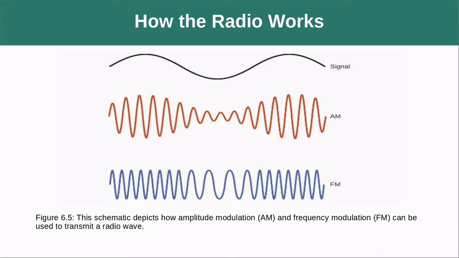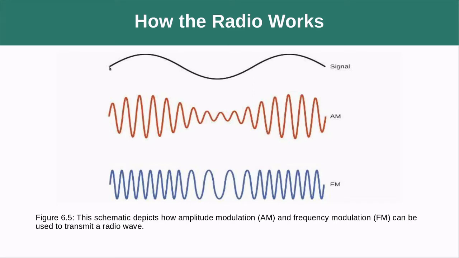How does it work? So, if this was the signal that I was trying to send, just this sine wave, I have two kinds of modulation that are typically used. You have AM, amplitude modulation, or you have FM, frequency modulation. So, how do these two work?